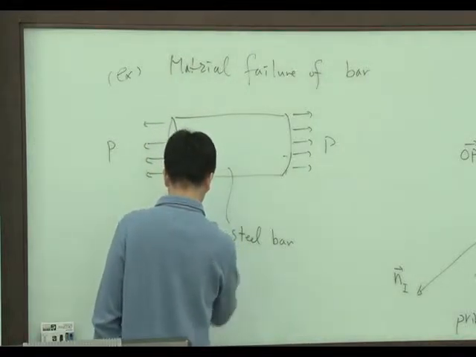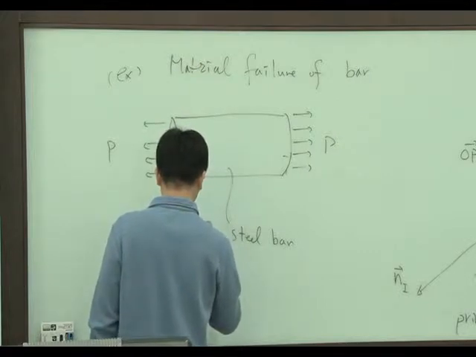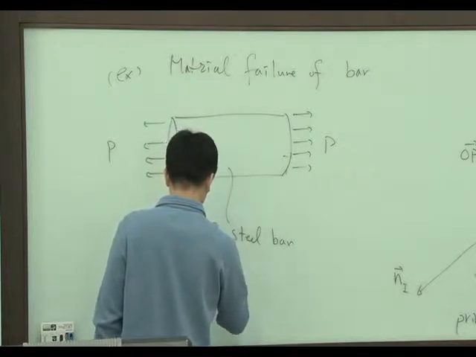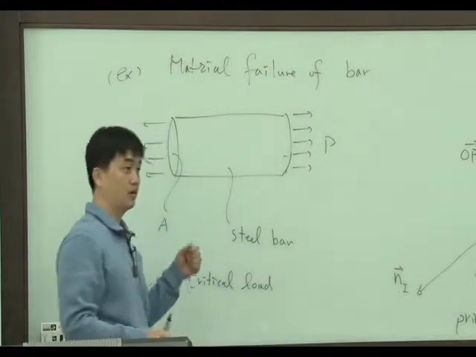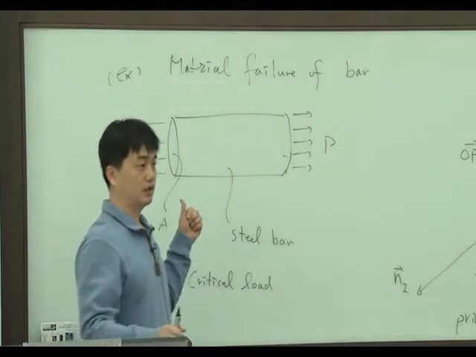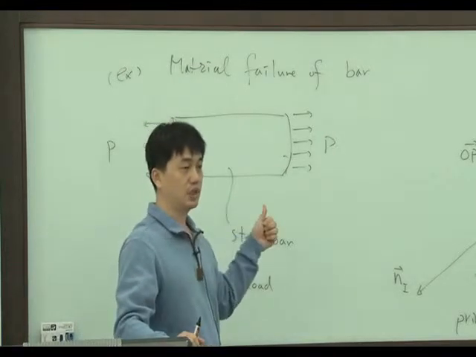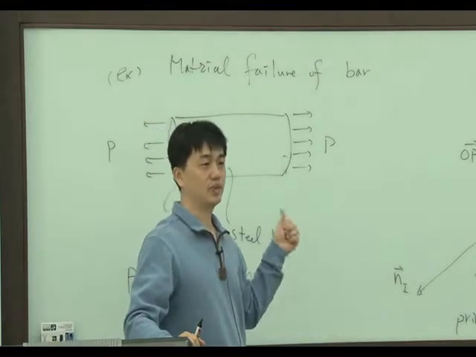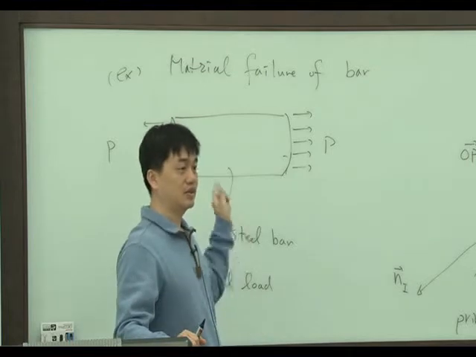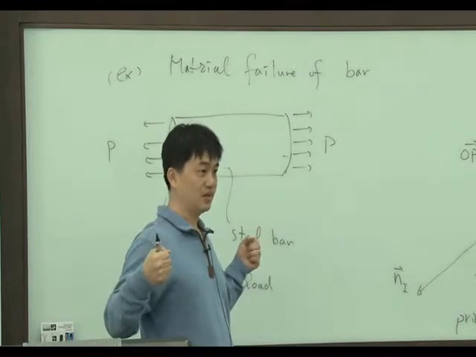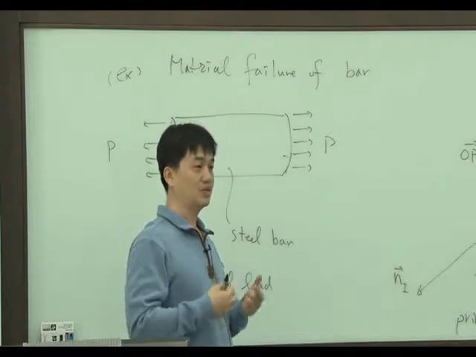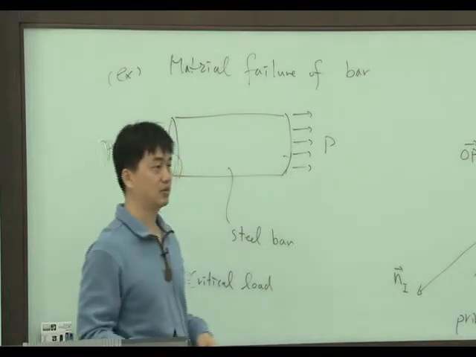So critical load. We are saying that when the externally applied force P becomes the critical load, P critical, this bar fails, starts yielding. Okay? So I would like to find that critical load.